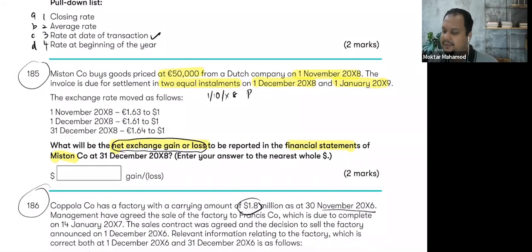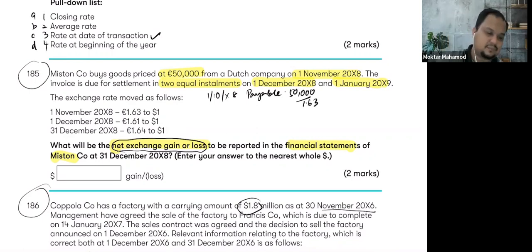You have payable 50,000 divided by 1.63. That is $36.75. If I make a careless mistake, just tell me.